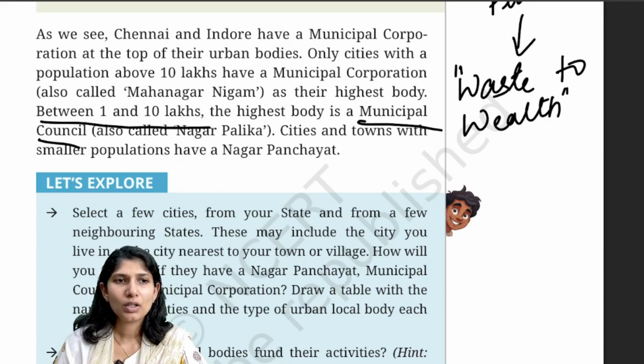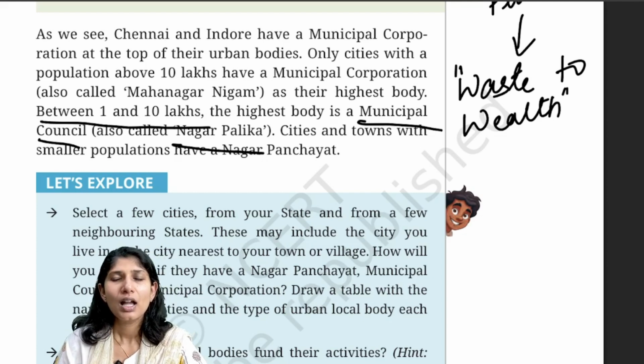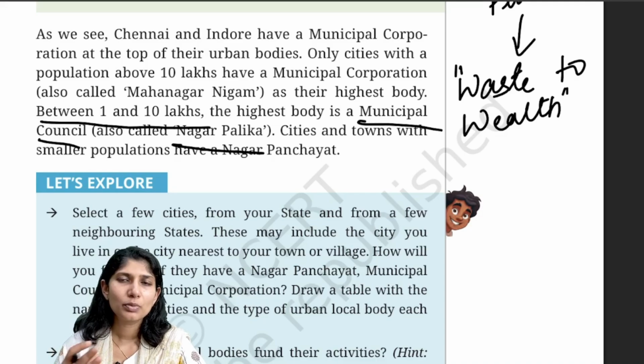Your municipal councils are also called nagarapalikas. So first was your nagar panchayat, which is a buffer area from your village to your city. Second is your municipal council, also called Nagarapalika, where population ranges between 1 lakh to 10 lakhs.